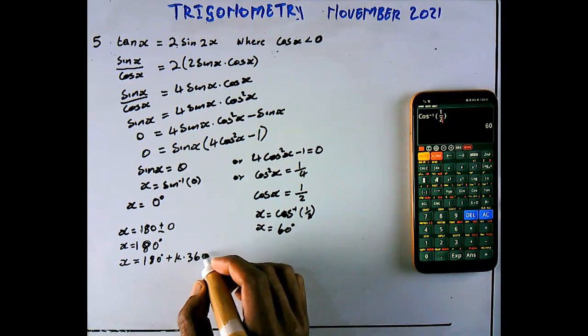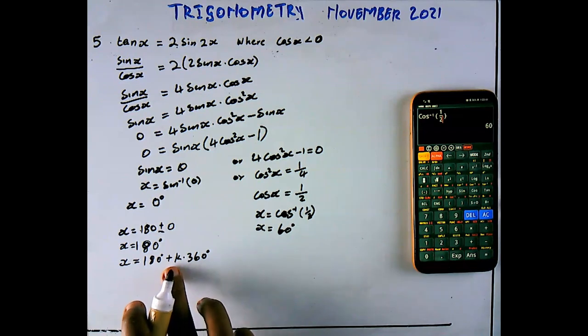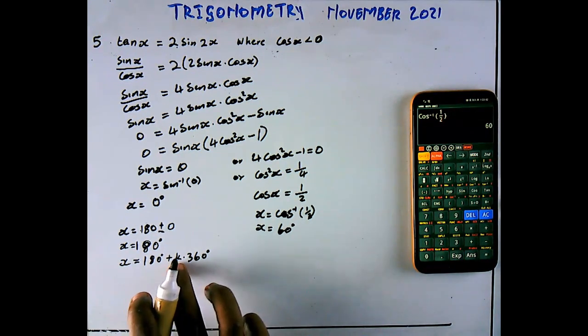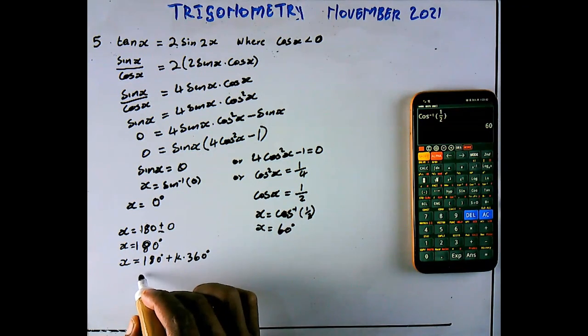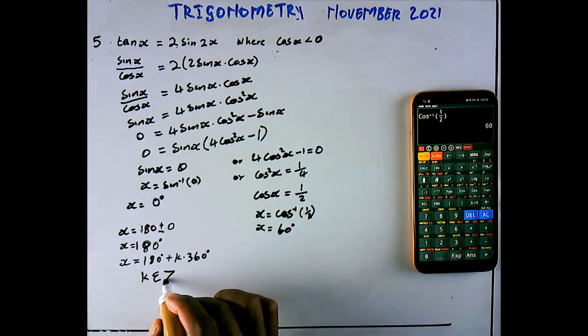And then another important thing, this k doesn't have to be just k, because we have to know what type of k we are talking about. So here we can say k is an integer.